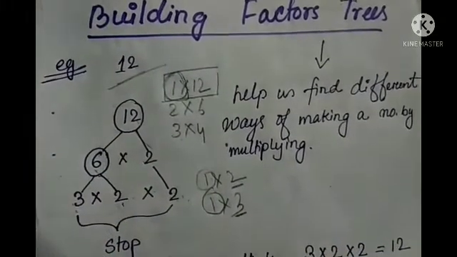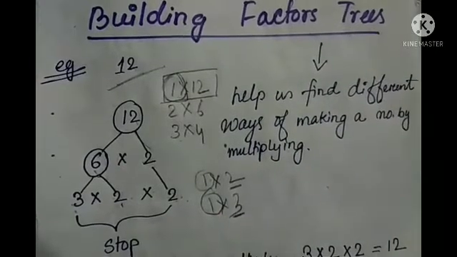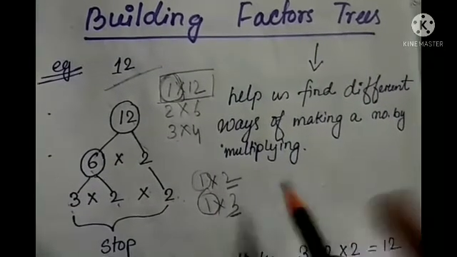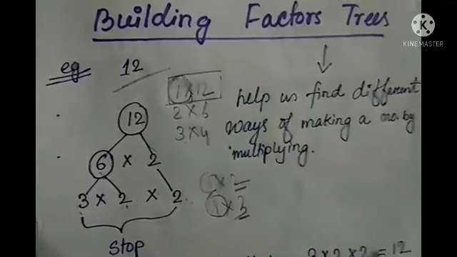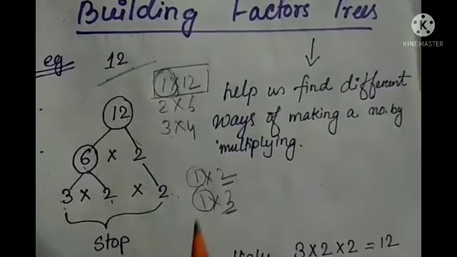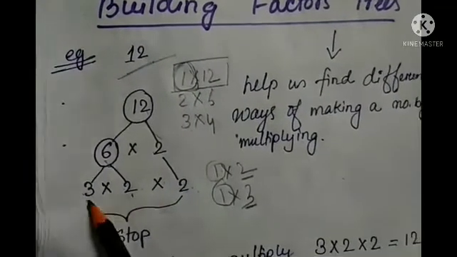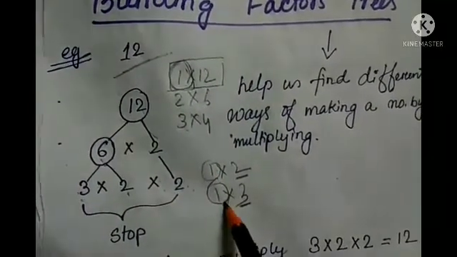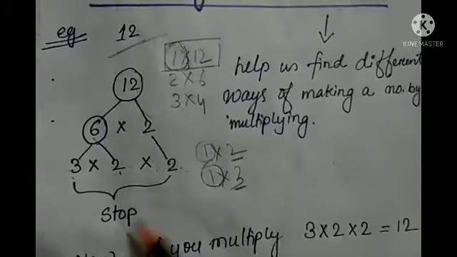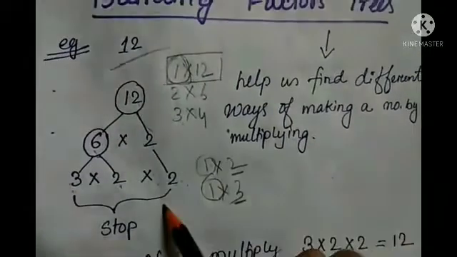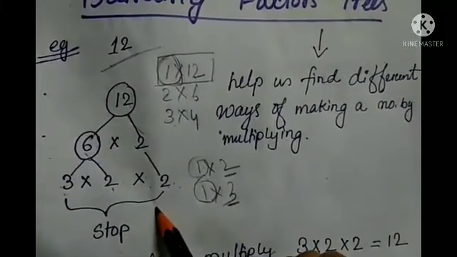Now we have to stop. Why? Because there is only one factor, that is 1. So we stop when we need to use 1 as a factor. And finally we made our factor tree.